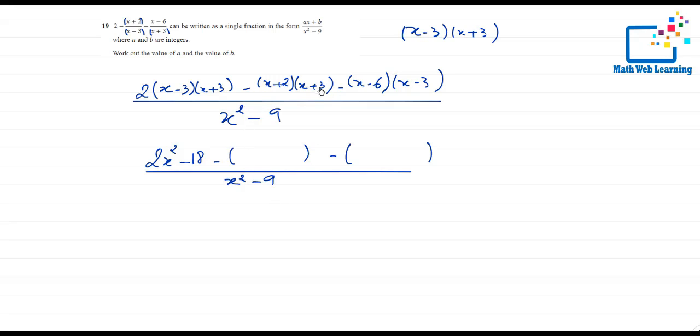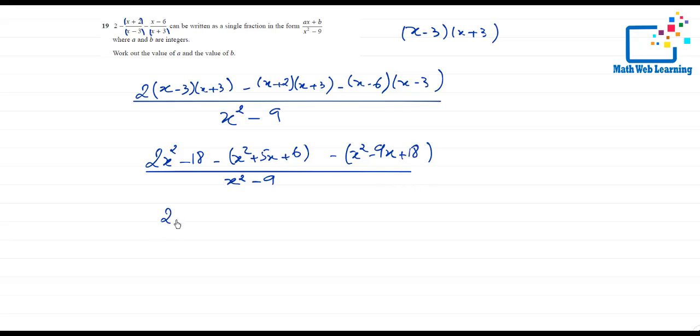Now let's expand this one here. You've got x squared. You've got 3x and 2x, that's 5x, and then plus 6. Here we've got minus and minus. So we've got x squared, and minus 3 and minus 6, that's minus 9x, and positive 18. Let's jump a line.